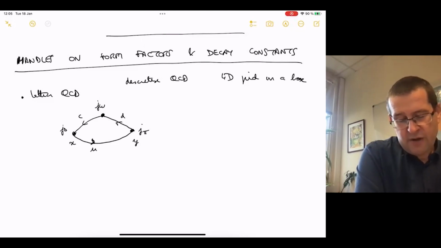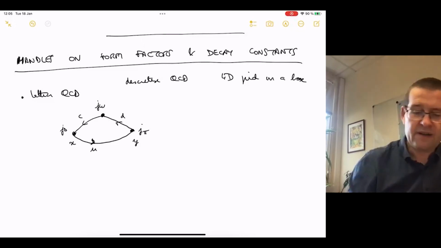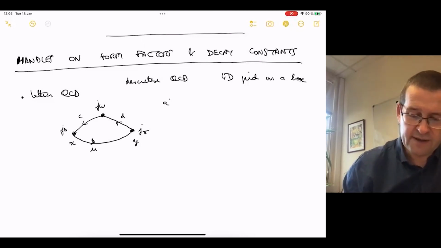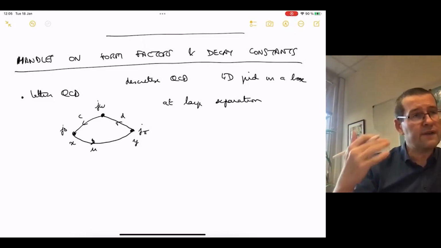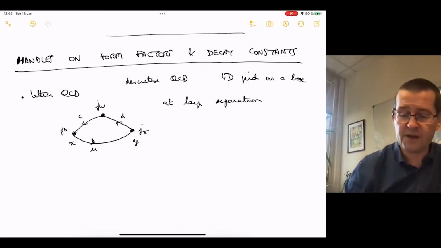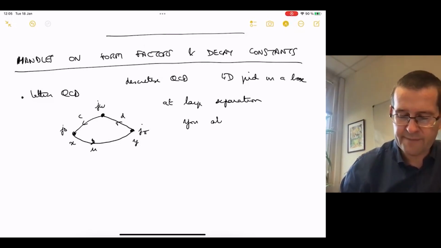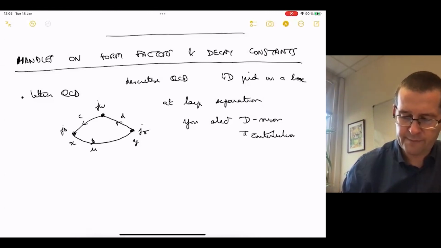And then you do that, and the point is that at large separation, you're going to be dominated by the lowest states. And so that means that you select this way the D meson and the pi contributions.